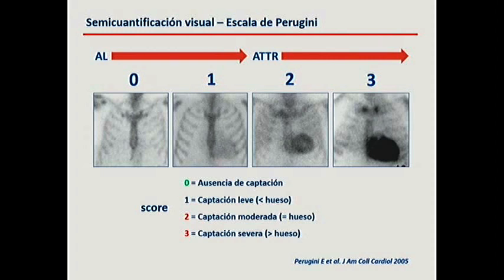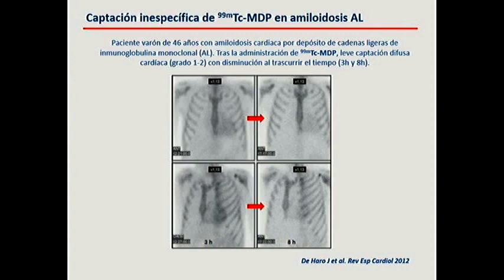Its uptake is highly specific for ATTR amyloidosis. However, we need to mention that the AL type generally uptakes pyrophosphate very mildly, but it can be incorporated in an advanced stage. So what Dr. Soman was saying, that it's important to have serum studies for light chains, because if there is a light chain, then this is not ATTR, despite the fact that it is capturing the myocardium.